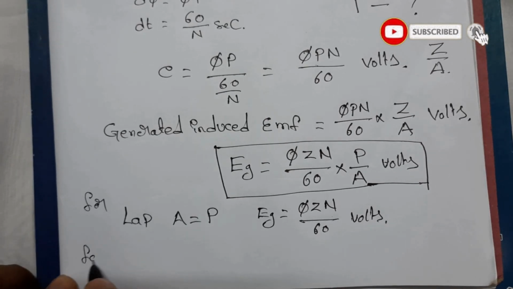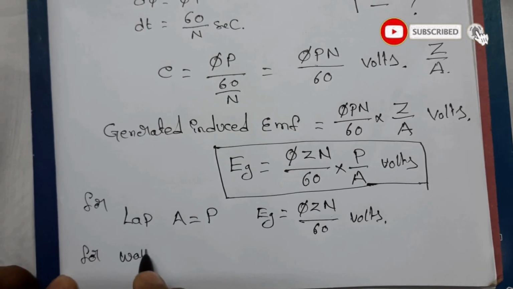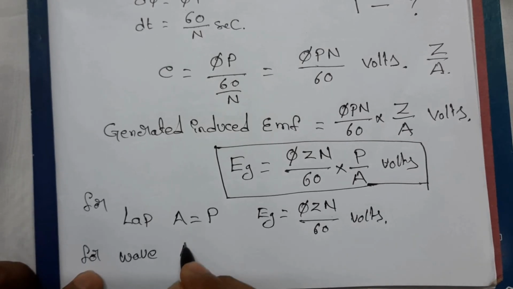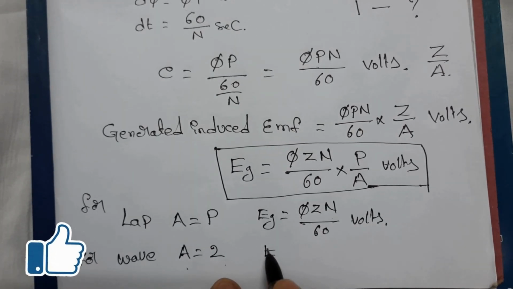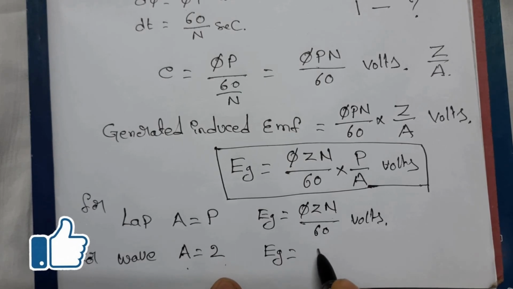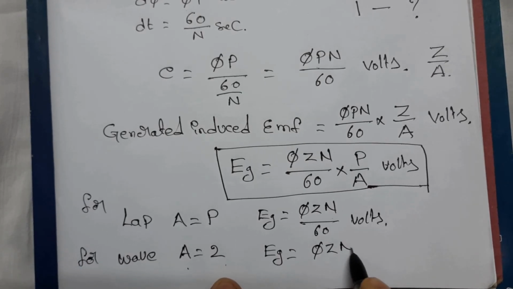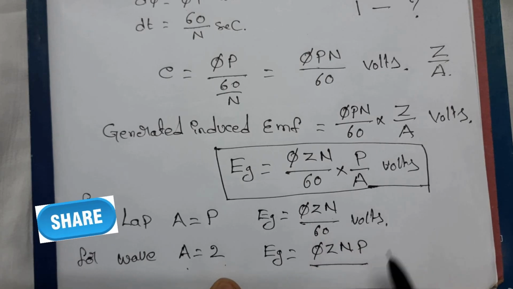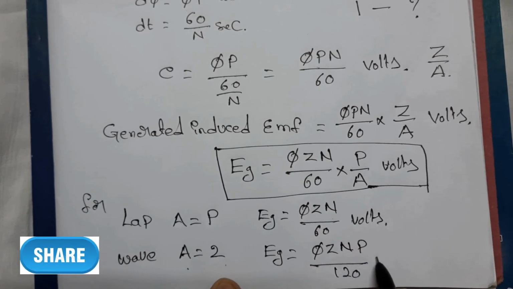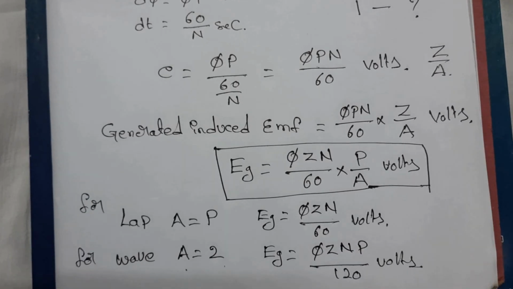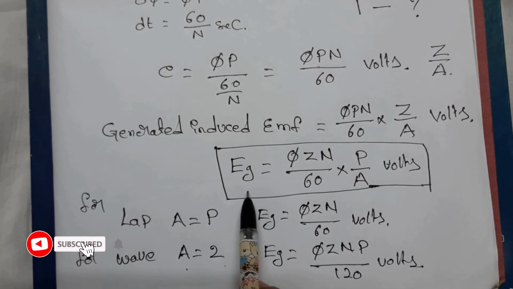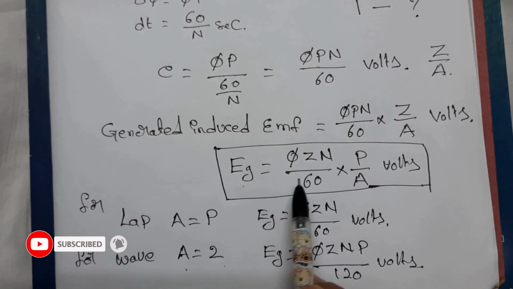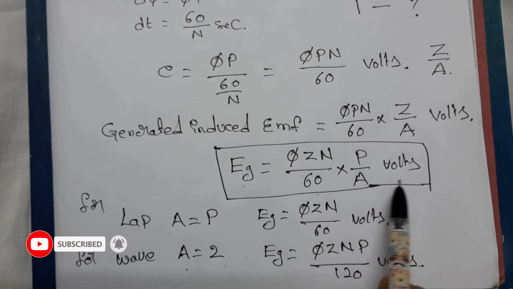For wave winding, the number of parallel paths is always equal to 2. So the generated induced EMF for wave winding is equal to ΦZNP by 60 into 2, that is ΦZNP by 120 volts. To summarize, the generated induced EMF is ΦZN by 60 into P by A volts.